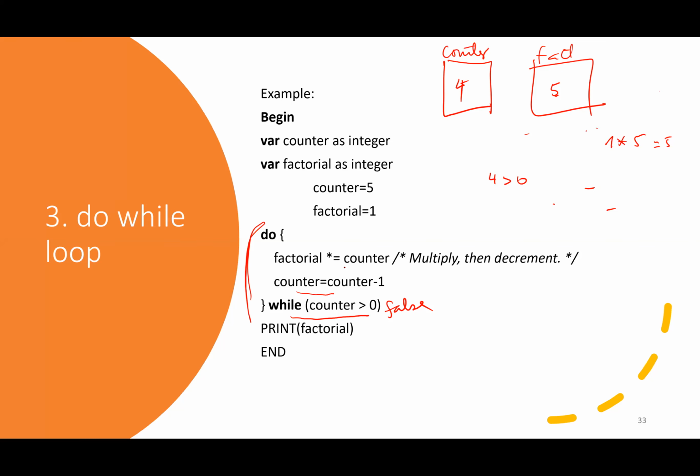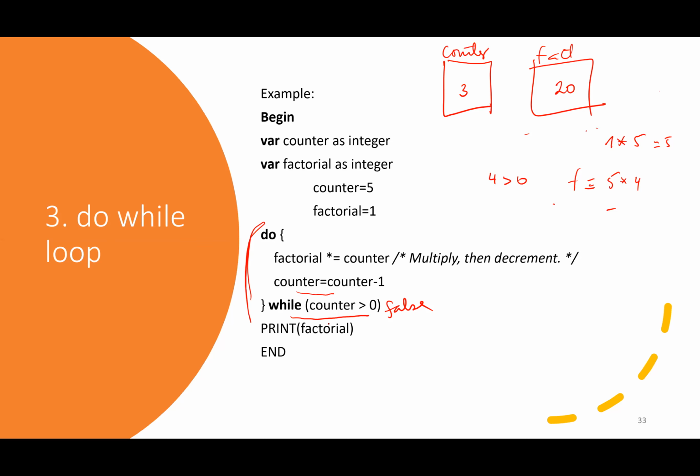Now the counter is 4, so in factorial we are going to store 5 times 4. Now it stores 20 in factorial. Then decrease counter by 1, then counter is 3.